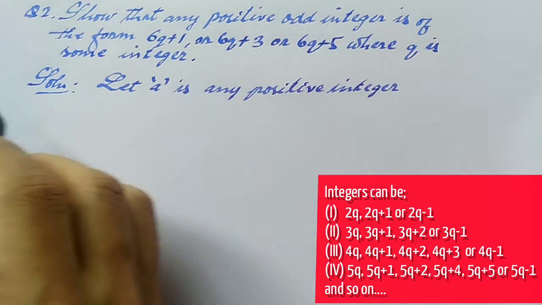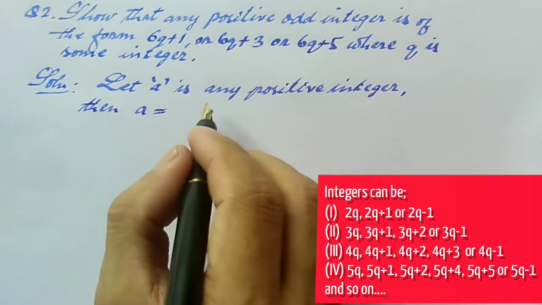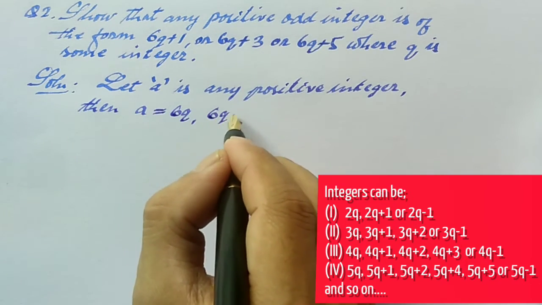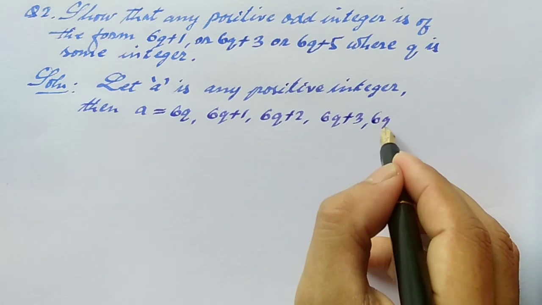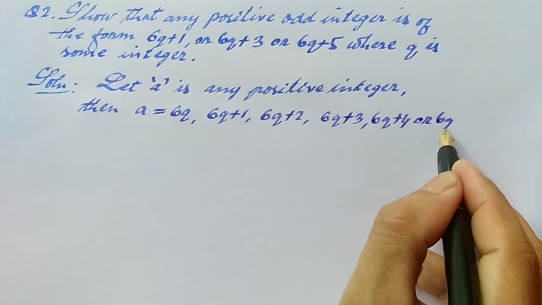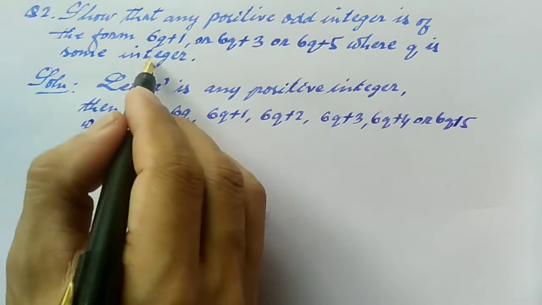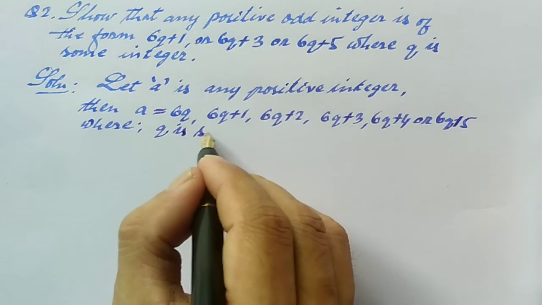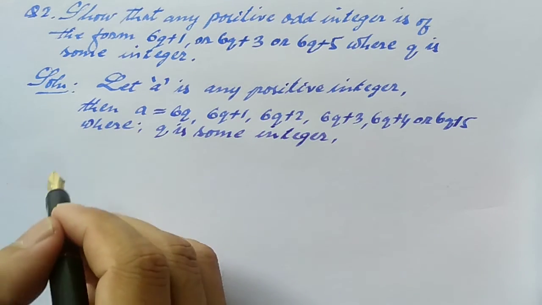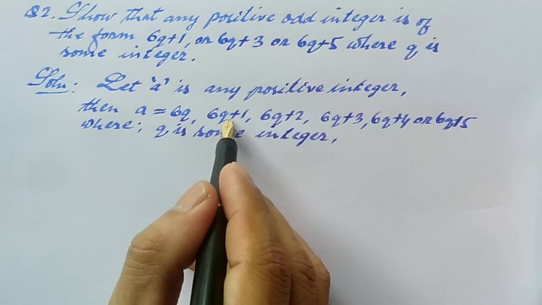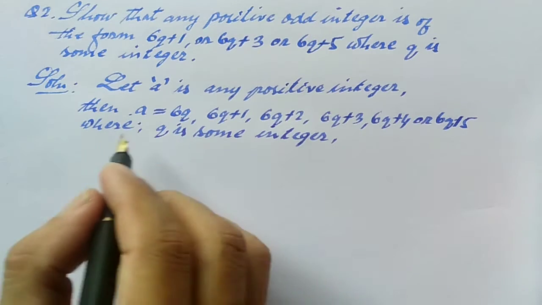Then a is equal to 6q, 6q plus 1, 6q plus 2, 6q plus 3, 6q plus 4, or 6q plus 5, where q is some integer as given in the question.